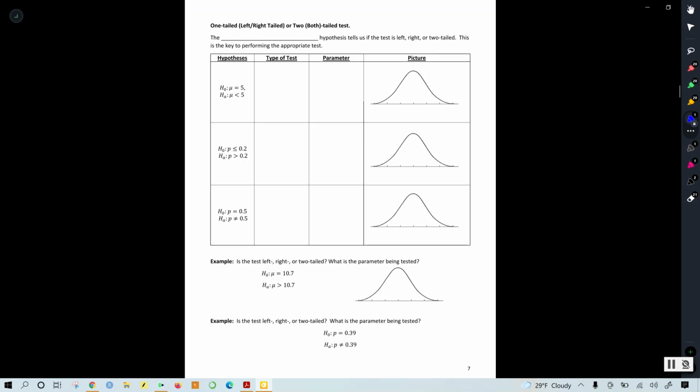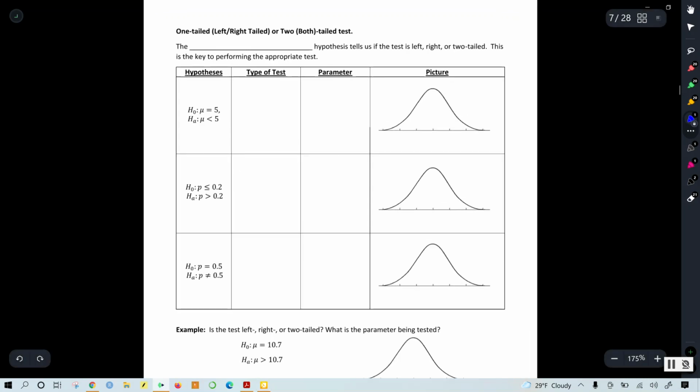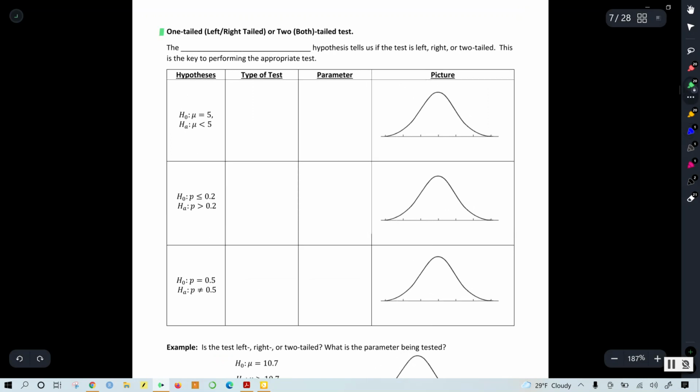At this point, we're ready to move on to other concepts that are very important in learning about hypothesis testing. And that begins with the concept of a one-tailed, left or right, or two or both tailed test. So, in particular, what you need to know is this.